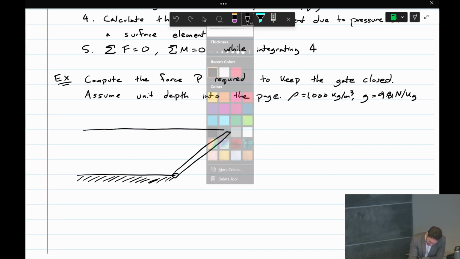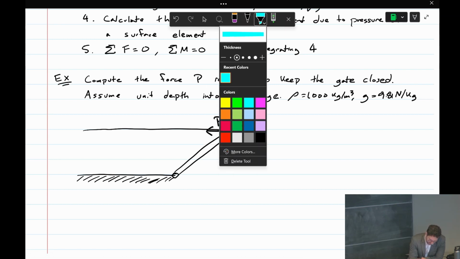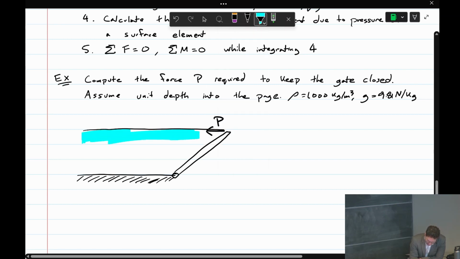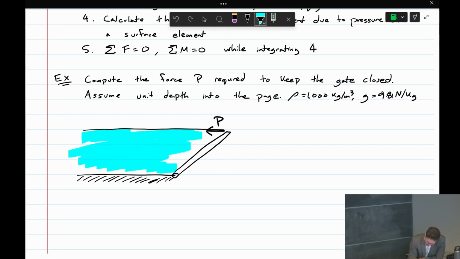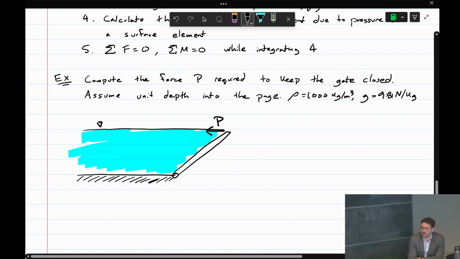So we're going to apply, say we have like a rope or a winch or something. We're going to apply force P at the end of this gate, just to clarify. So this is all filled with water. Again, that little triangle there means there's a free surface at the top of our reservoir.